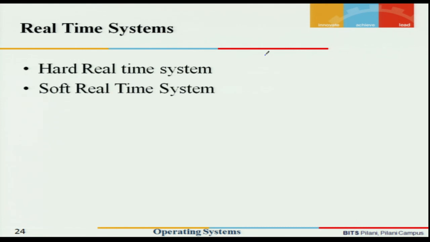Now, why are we calling this system a soft real-time system? We call it a soft real-time system primarily because, in case the system, instead of delivering 23 frames, delivers 22 frames, we know that it is not going to be catastrophic.